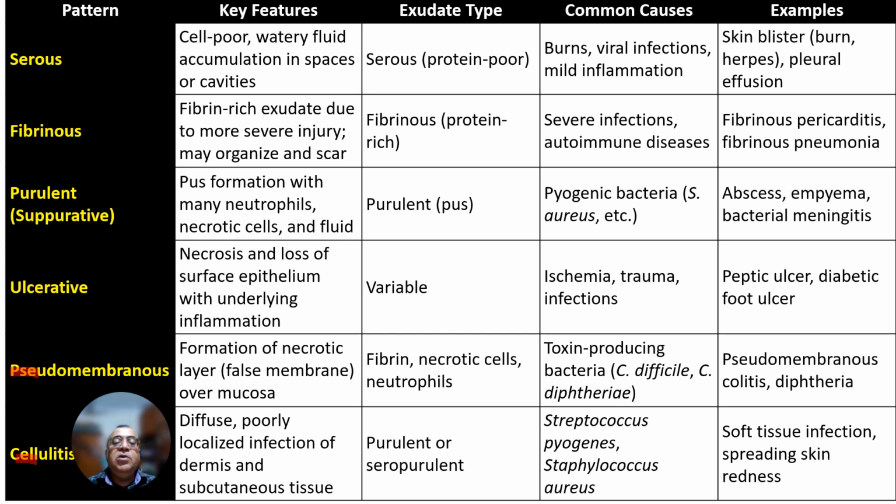The serous type of morphologic pattern occurs as cell-poor watery fluid, and there is accumulation of this fluid in the tissue spaces or body cavities. The exudate type is protein poor or serous. Common causes are burns, viral infection, and mild inflammation, and examples are skin blisters and pleural effusion.